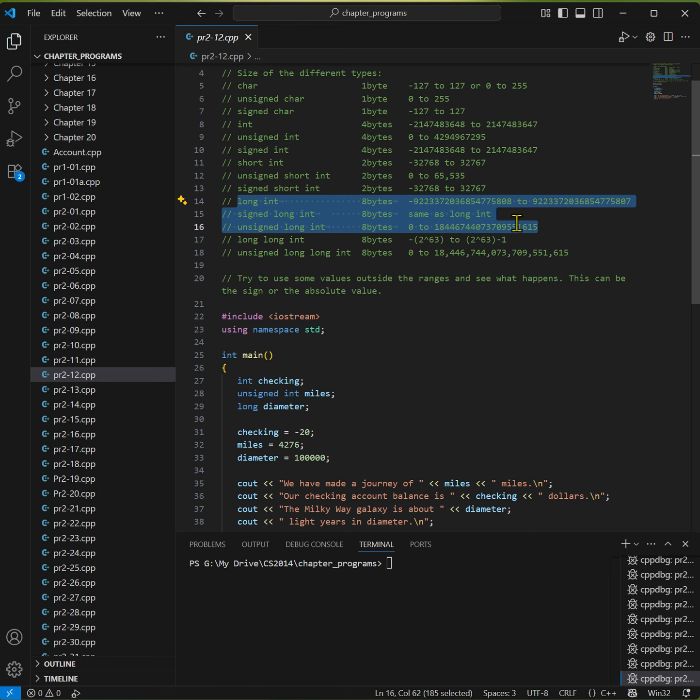Now, we don't always need very large numbers, so you can also use smaller numbers. Let's see over here, the short integer goes from minus 32,000 to plus 32,000, and the unsigned short integer goes from 0 to 65,000.